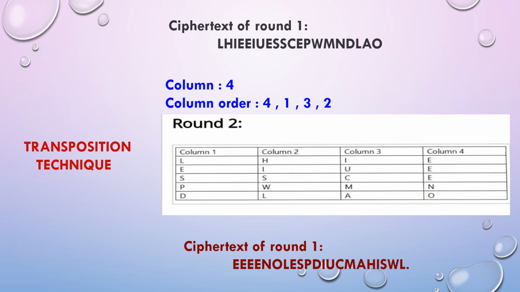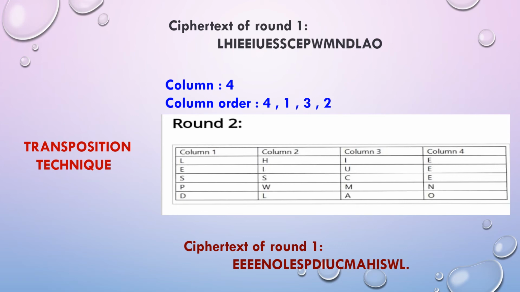Now we calculate the ciphertext using a simple columnar transposition technique. Let us take 4 columns and arrange the plain text row-wise.